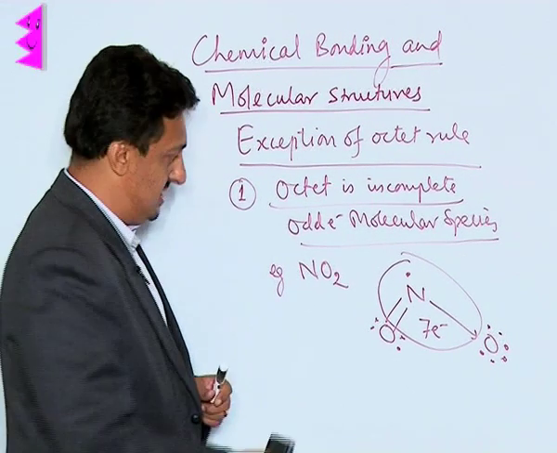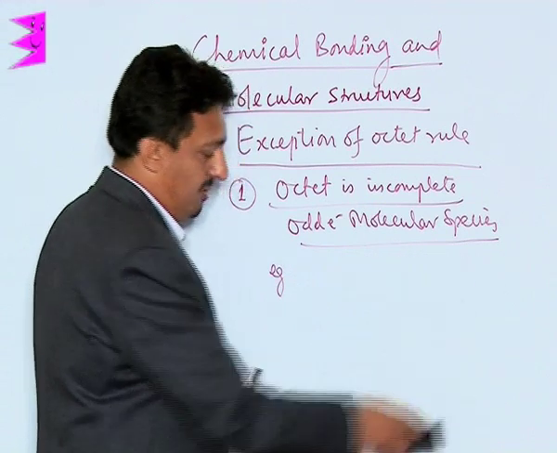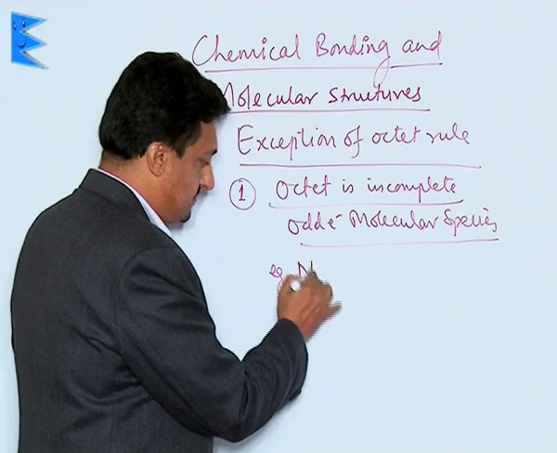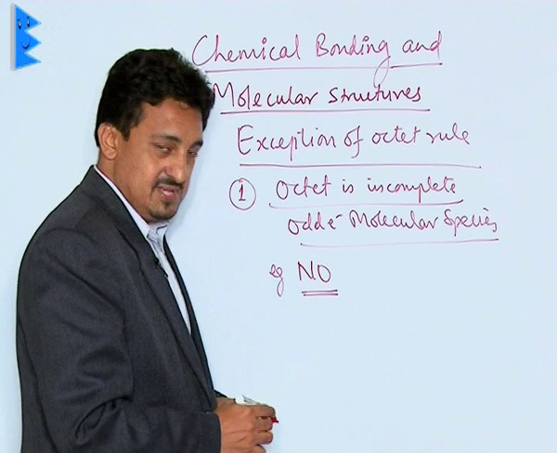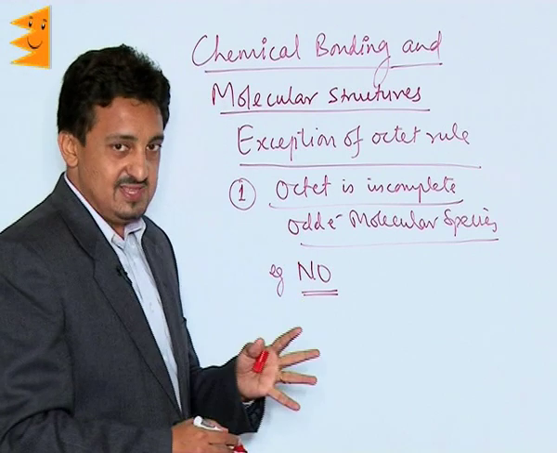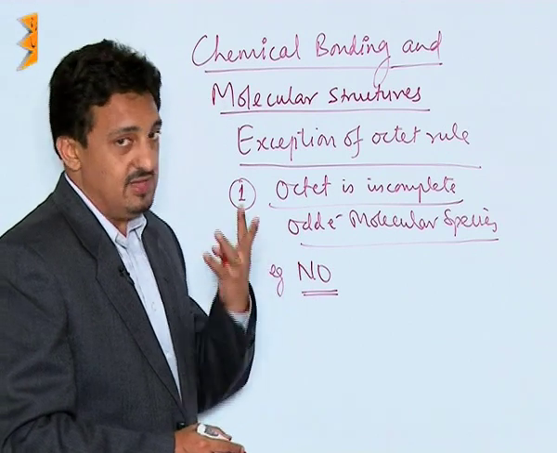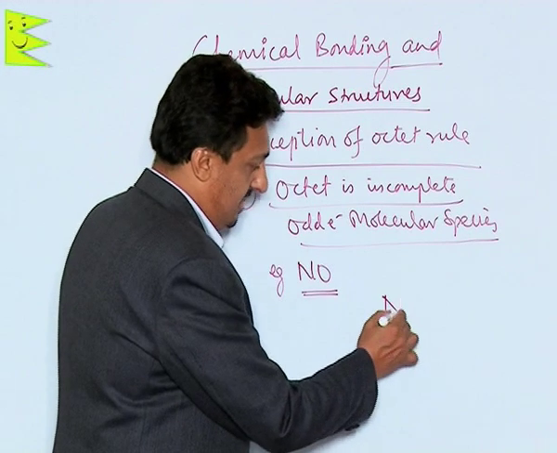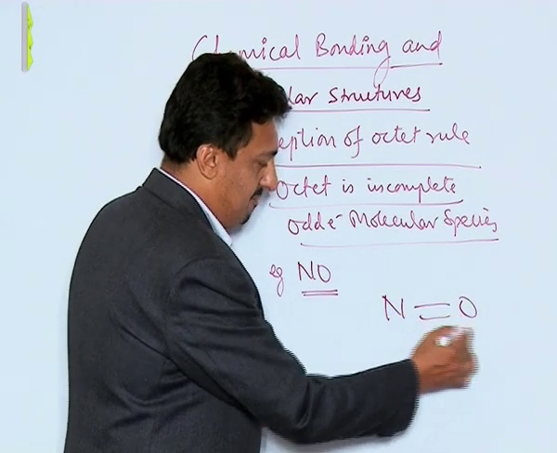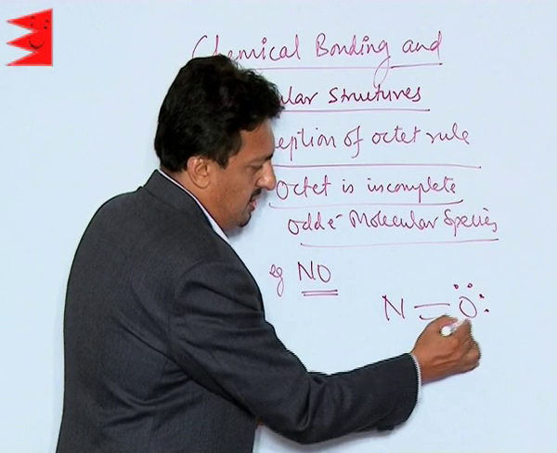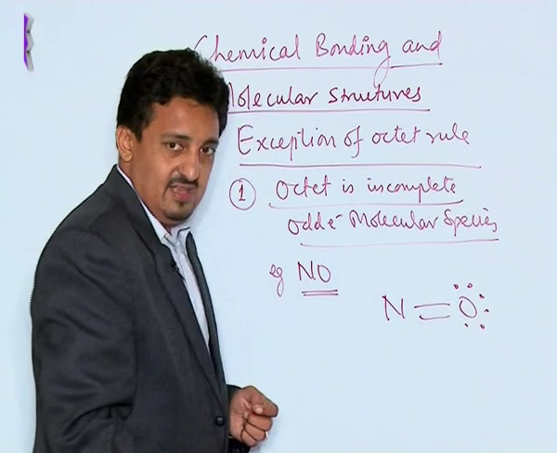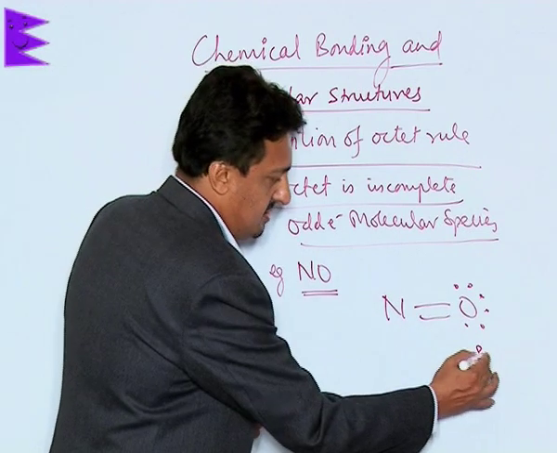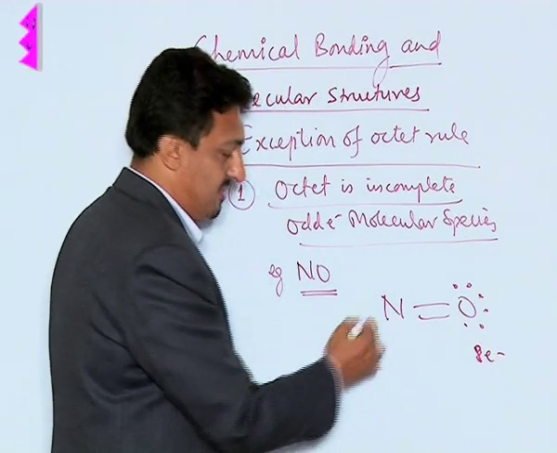Another example we can take is of nitric oxide, NO. In this nitric oxide, we know nitrogen has 5 valence electrons. Oxygen needs how many? 2 to complete its octet. So nitrogen and oxygen combine like this. In doing so, oxygen already acquires its 8 electrons, so its octet is complete. But the problem lies with nitrogen.